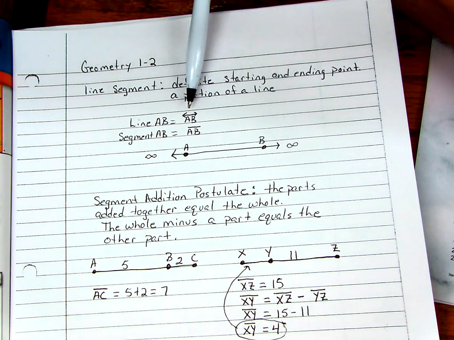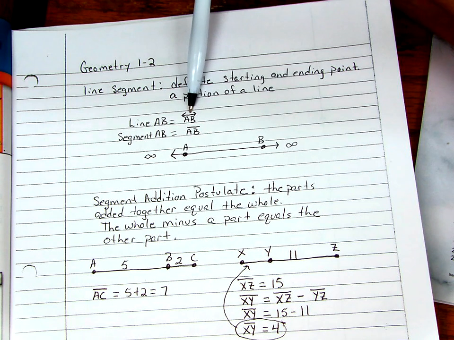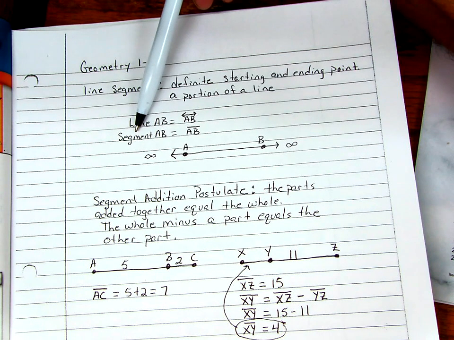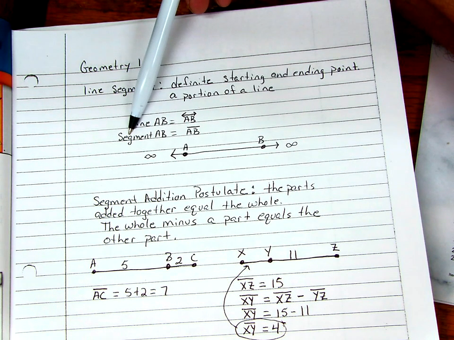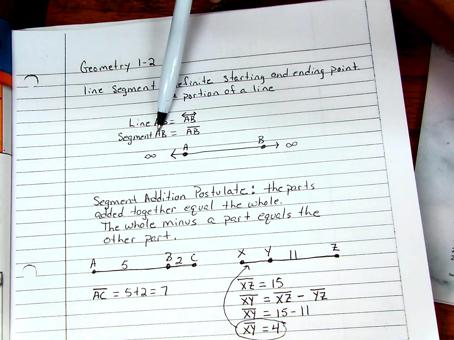The symbolism for a line is either the word line and then 2 capital letters for 2 points on the line, or symbolically the line symbol with those 2 capital letters. A segment can be represented by the word segment with the 2 capital letters, meaning it definitely starts here, definitely ends there.